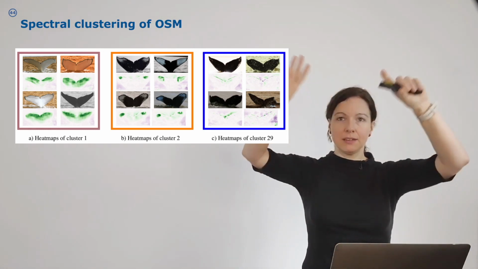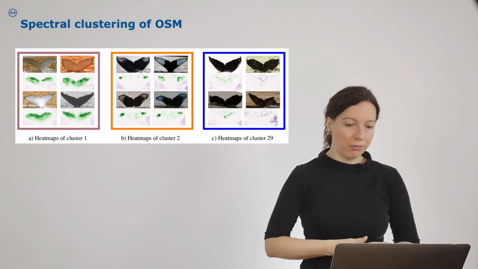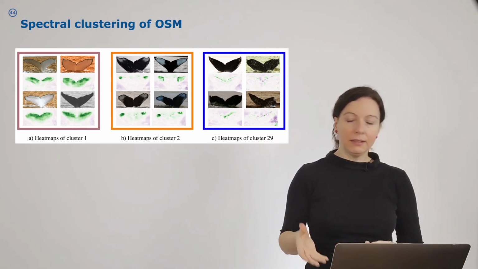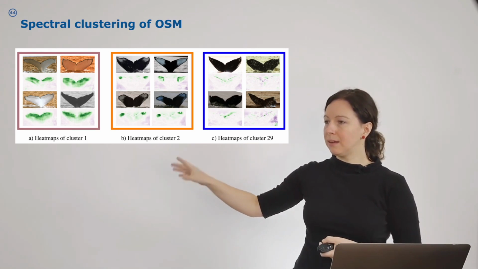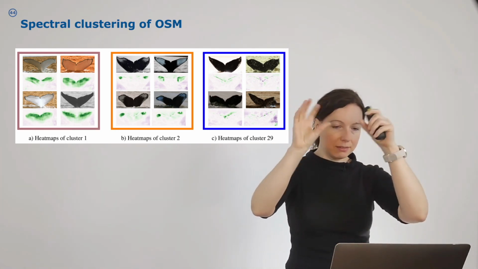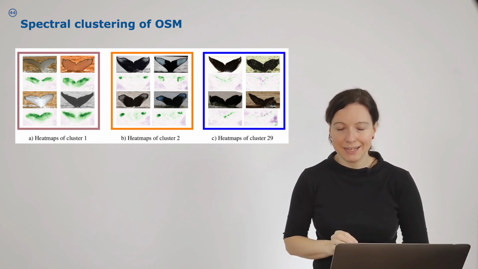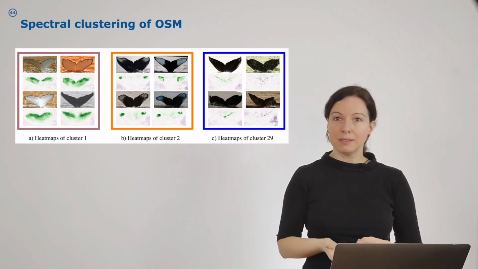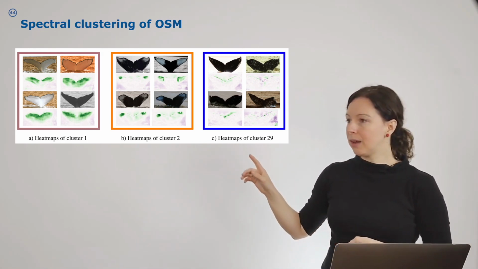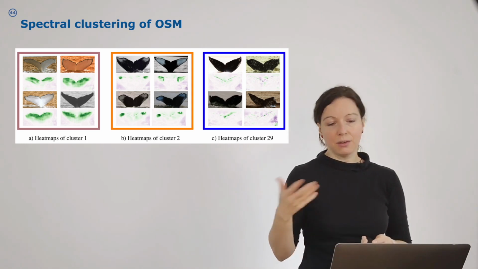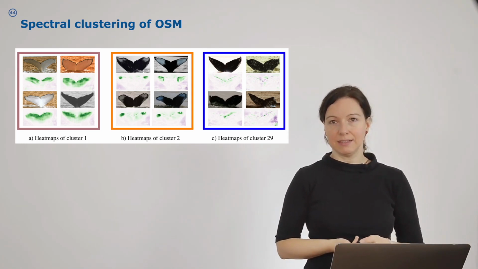You can see that the heat map, the green, is over the whole fluke. In the middle, the pigmentation near the fluke tips is important. And on the right, no specific features are highlighted in these images.